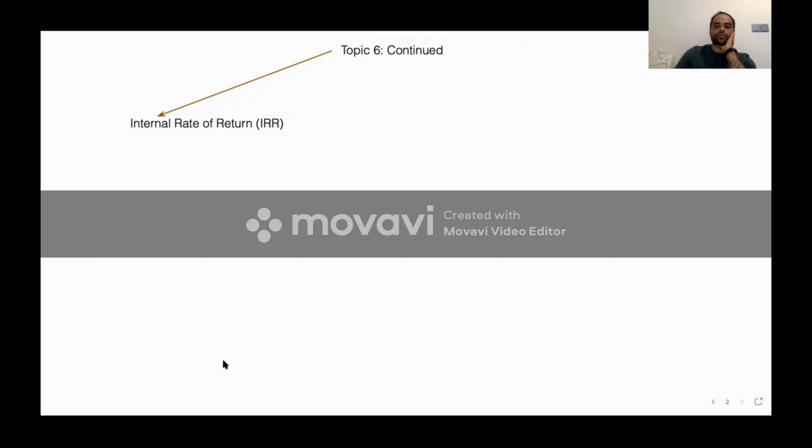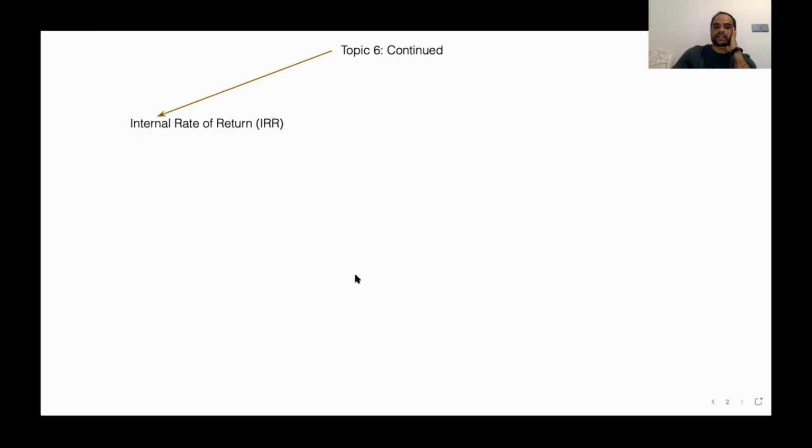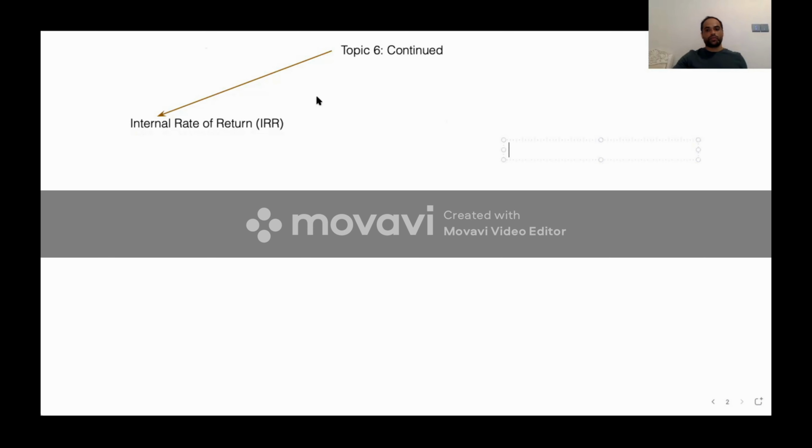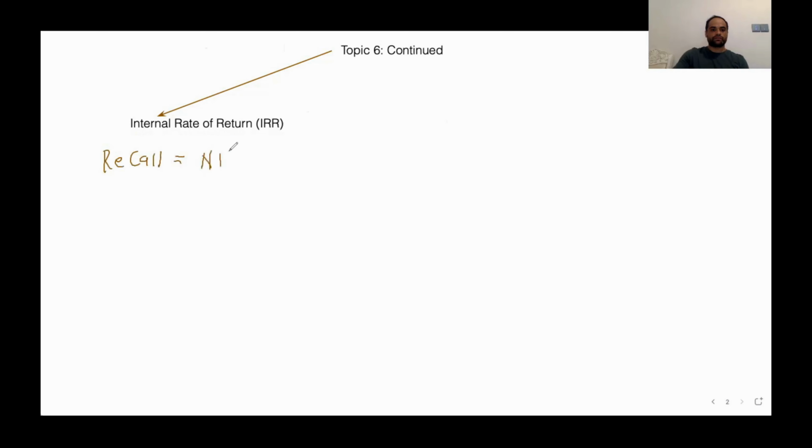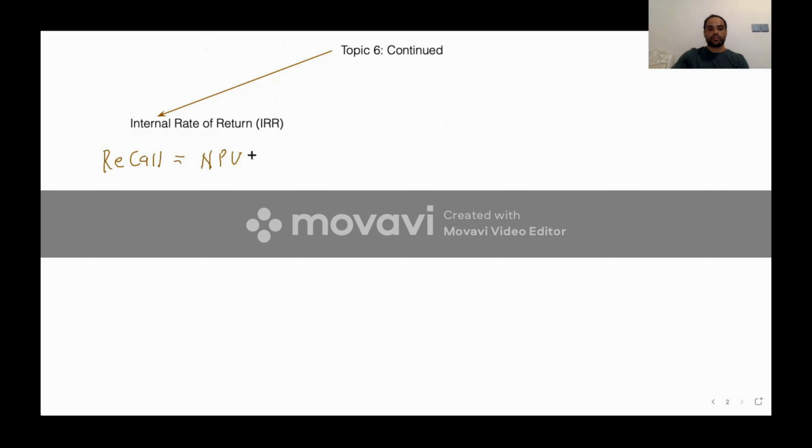So in order to understand this IRR method, we have to go back to the net present value and recall NPV. How do we decide, applying this method, whether we should select or reject the project?